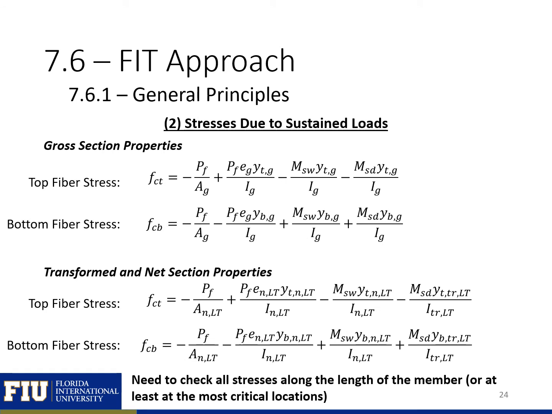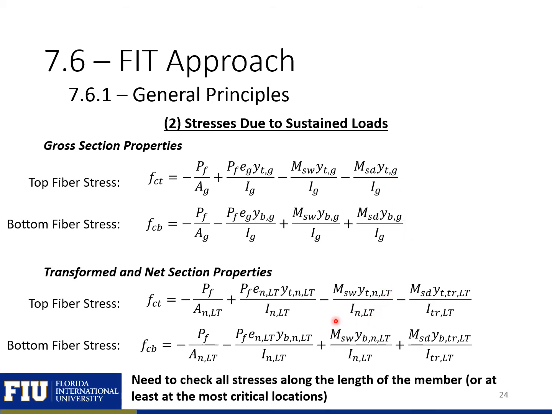The equations that we can use to calculate our stresses due to our sustained loads are shown on this slide for gross section and transformed section properties. Note here, they're similar equations, same signs, except we now use the pre-stressing force at final after all pre-stress losses, and we're including an additional flexural stress component that accounts for any moments due to our superimposed dead loads.